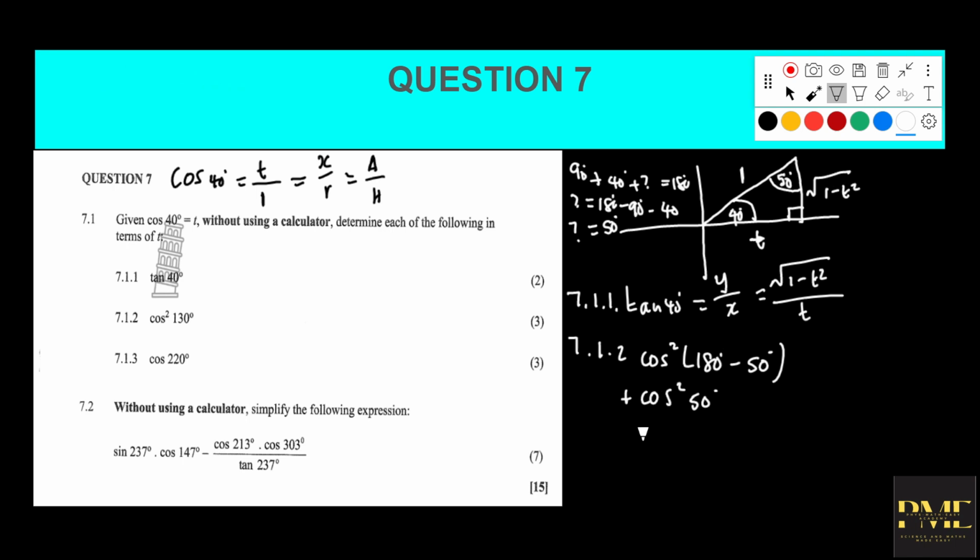So we have the square root of 1 minus t squared all over the hypotenuse, so it's adjacent over hypotenuse, which is 1, and all this is squared because our cos is squared. So we see it's the same as the other one, and our answer ends up being 1 minus t squared.